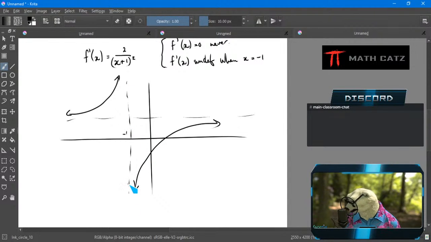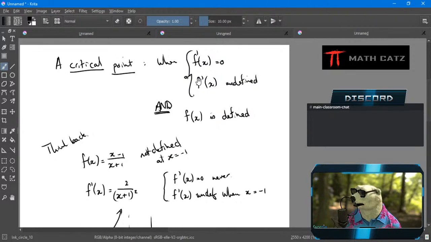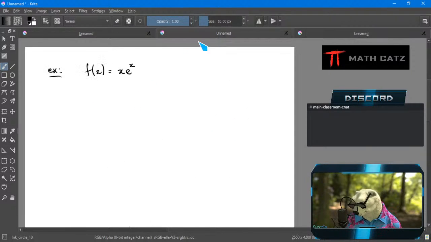There is no point at x equal to -1, so it can't be classified as a critical point. It has to be critical, but it has to be a point for me to call it a critical point. Okay, so let's keep that in mind as we look at this function, and then we will see what the critical points are, if there are any.